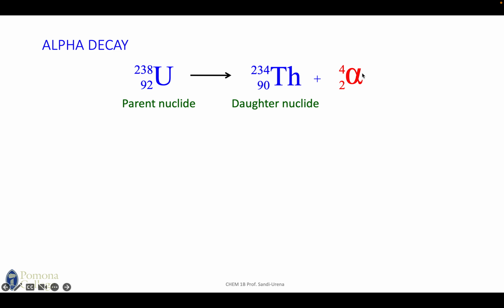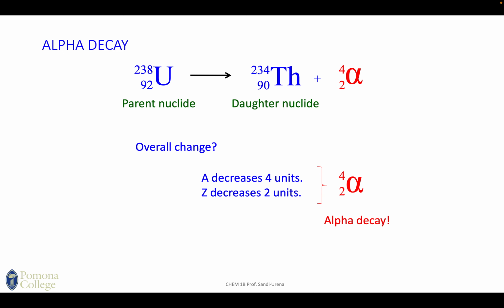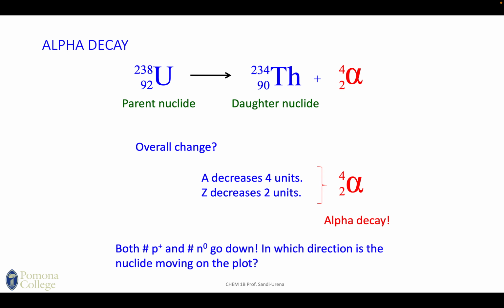If you use He, it may be a little bit easier, more immediate to see the chemical reaction. So here we have the overall change: both the number of protons and number of neutrons go down. In which direction is that nuclide moving on the plot to become more stable?